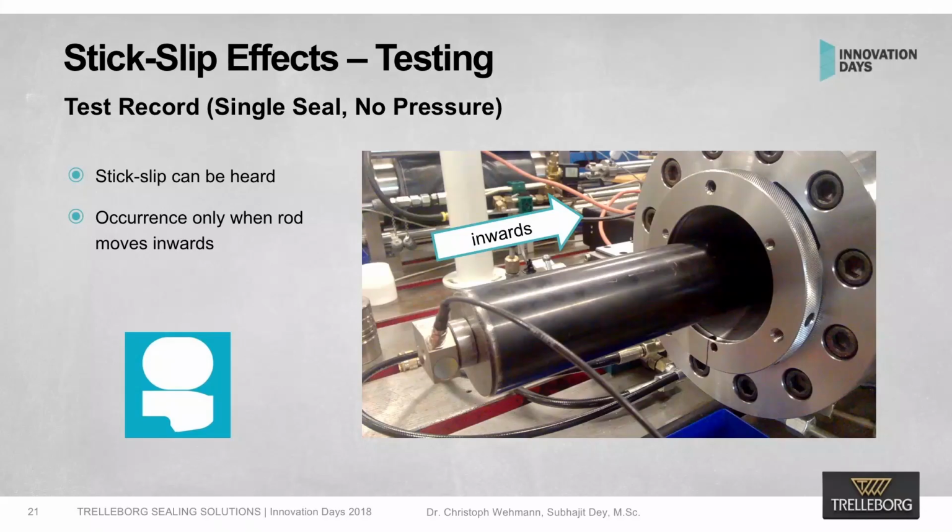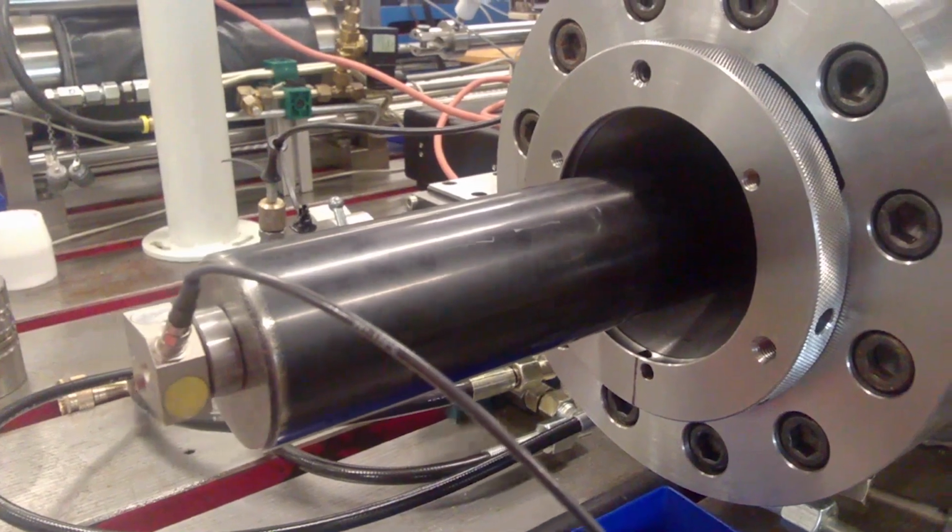And when we look at this test, you see the test rig here. When the rod is moving to the right, that is inwards. Maybe we can directly start the movie here.